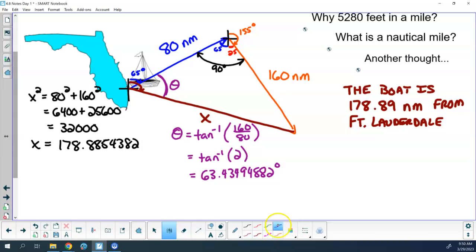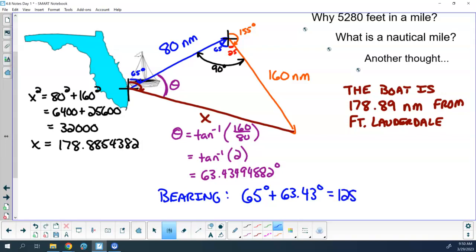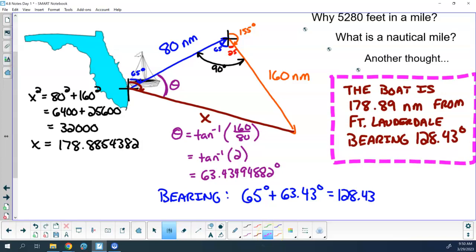So my bearing would be, what's that, 128.43? Yes? Love it.